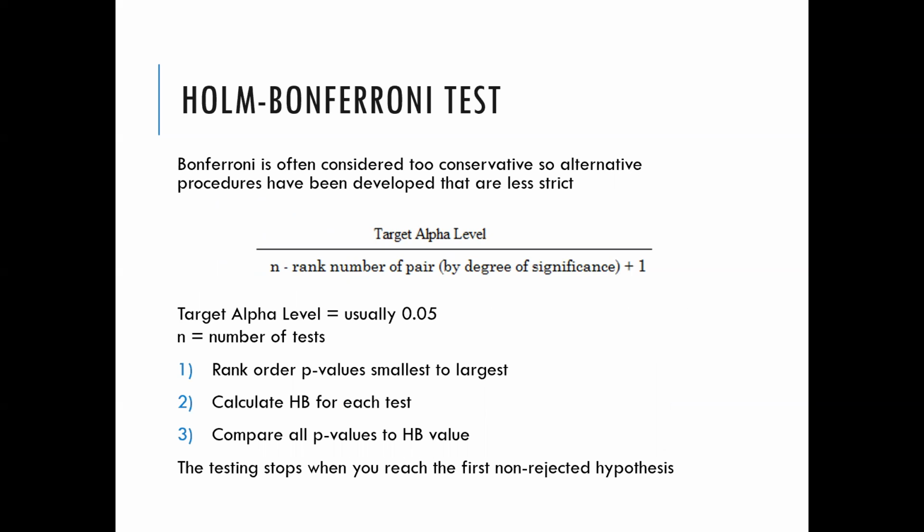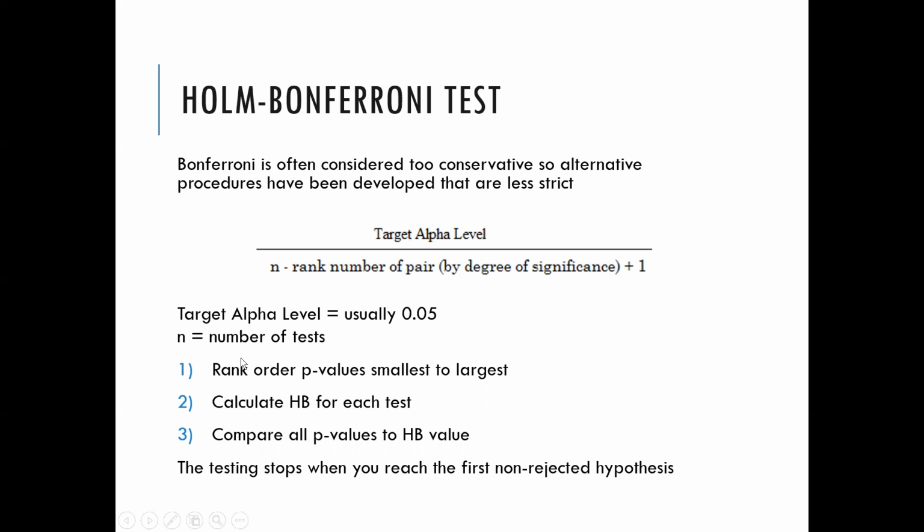One is the Holm-Bonferroni test. The equation for that is the target alpha level, usually 0.05, divided by n minus the rank of the p-value plus 1. Let's say we have 10 different tests, all with their p-values.